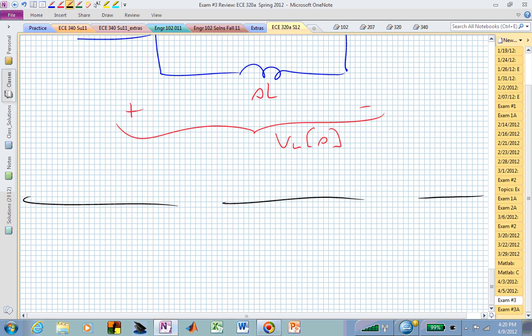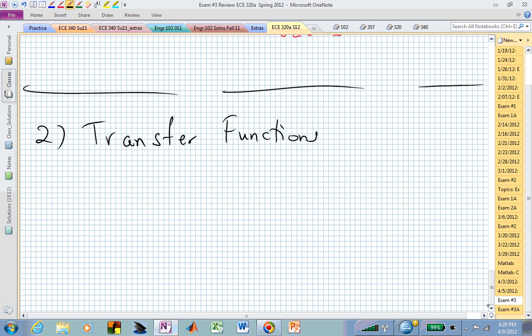If you now go to, let's say, the second topic, which is transfer functions, this is where I get excited in terms of manipulating things or playing with systems.